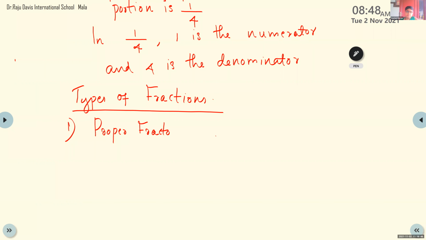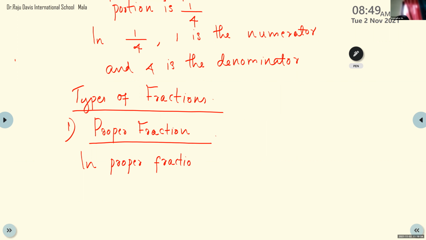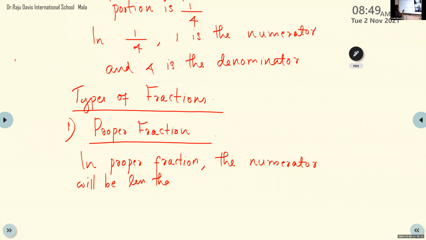Proper fraction, improper fraction, mixed fraction. In a proper fraction, the numerator will be less than the denominator.